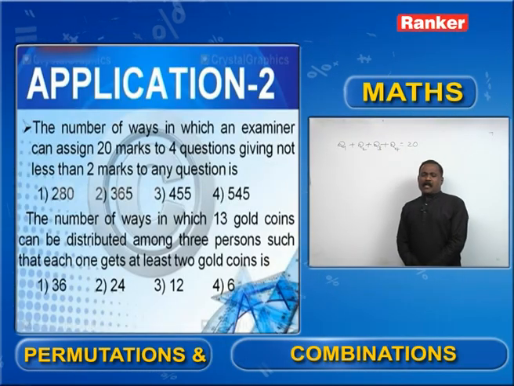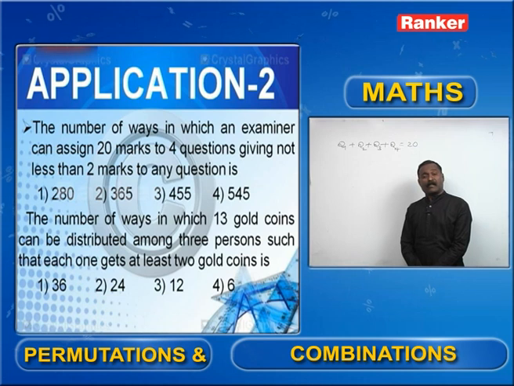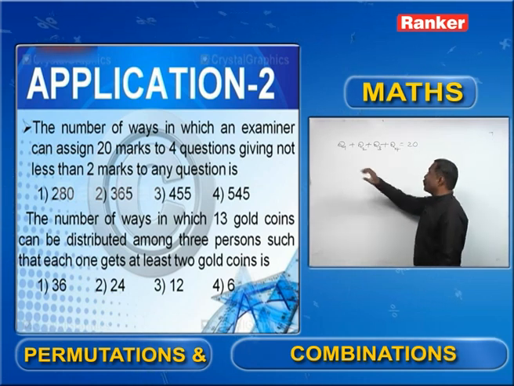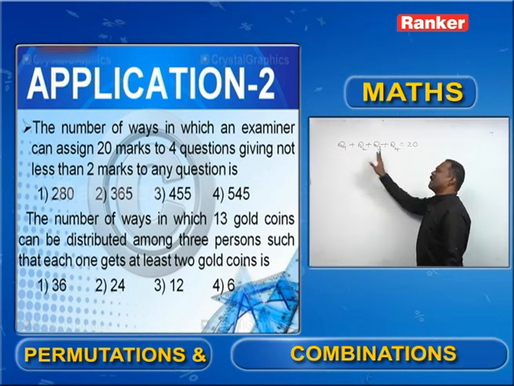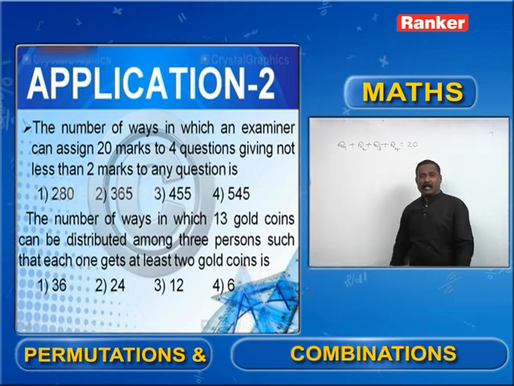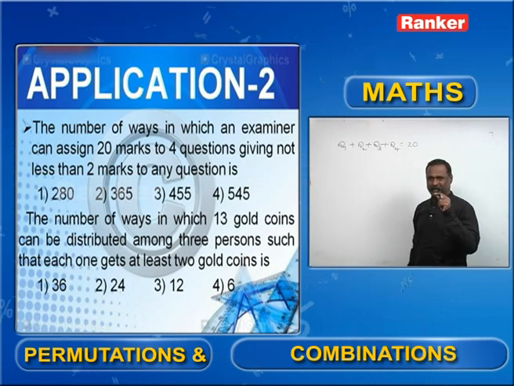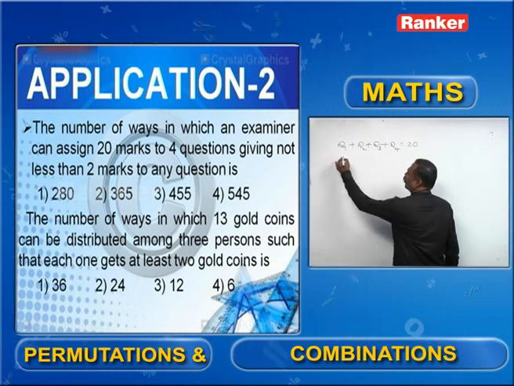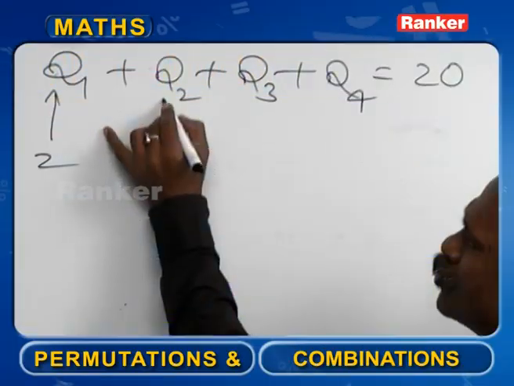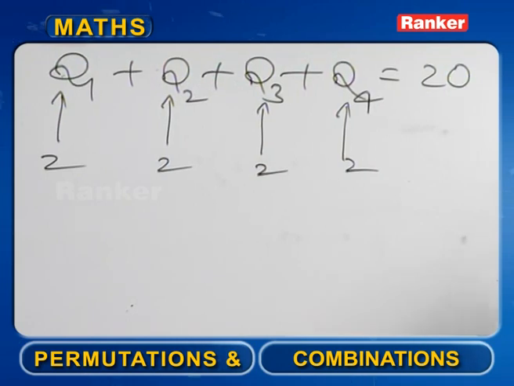But what is the restriction there? Not less than 2 marks to any question. Not less than 2 marks to any question means each question must have at least 2 marks. Then you can distribute whatever number you like. So what we do, we first of all fulfill the restriction. We are allotting 2 marks to this one, 2 marks to this one, 2 marks to this one, and 2 marks to this one.